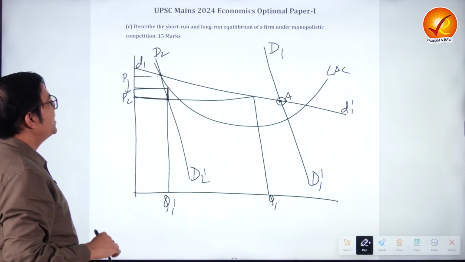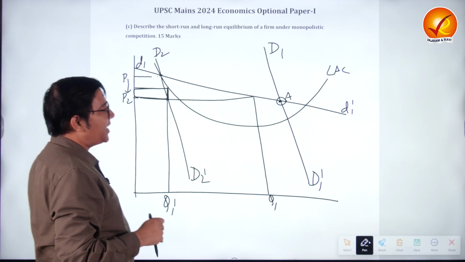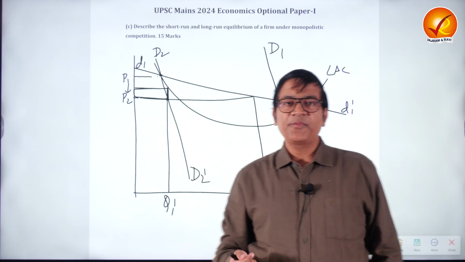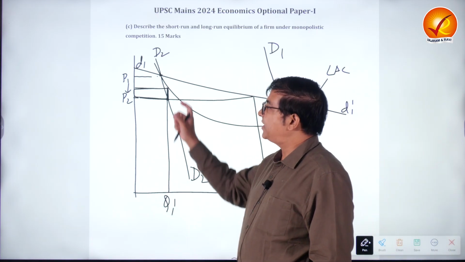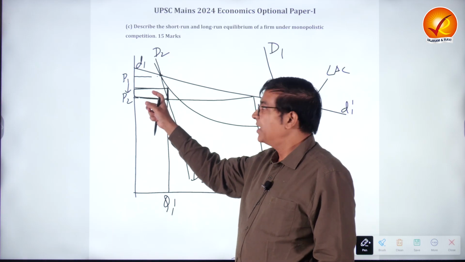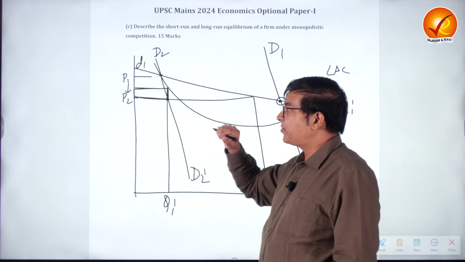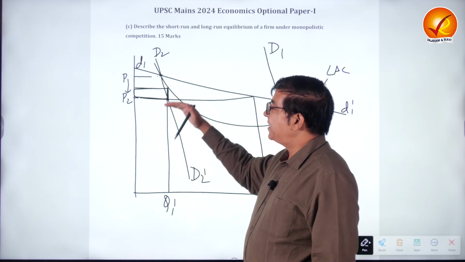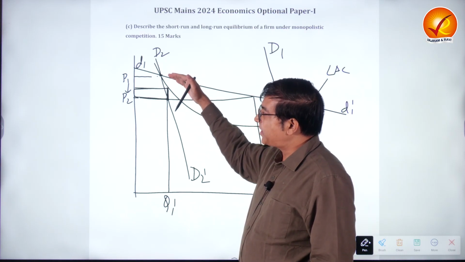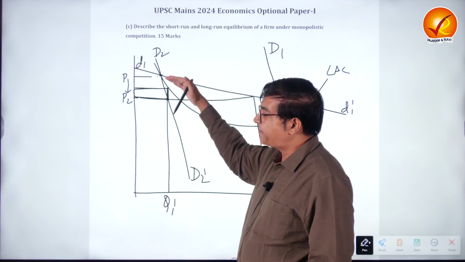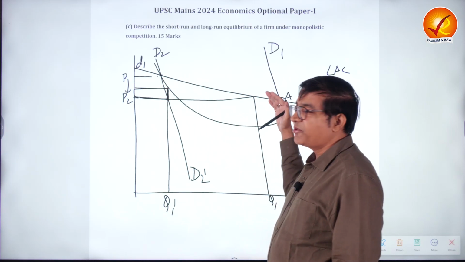this quadrilateral is a loss for them. Okay, but unrealistically in Chamberlin's model, the firms are assumed to be myopic. Myopic means they don't learn from here. Even if they sold much less, they don't learn from here. And still they expected that once they reduce the price further, they will be able to sell more.